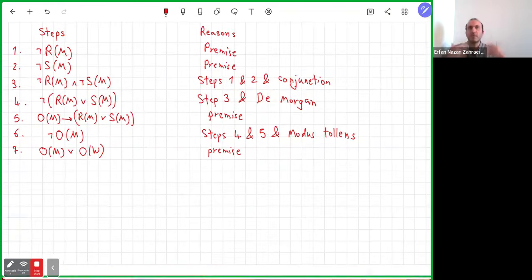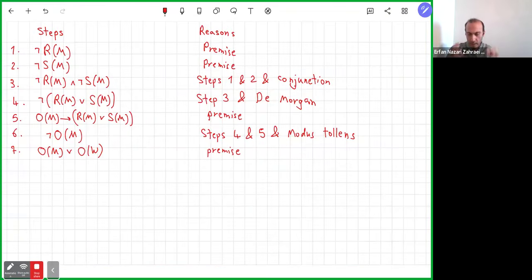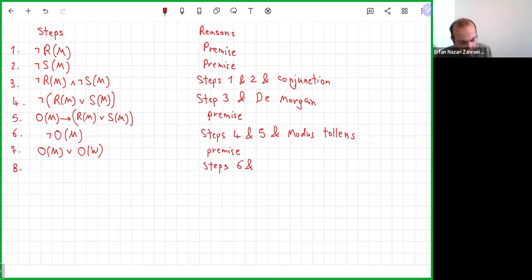These are very intuitive. An or is only true if at least one of them is true. So if you know already one of them is false, then the other one should be true. So basically, you don't need to memorize them. You need to understand those rules. So steps 6 and 7 and, what was the name?